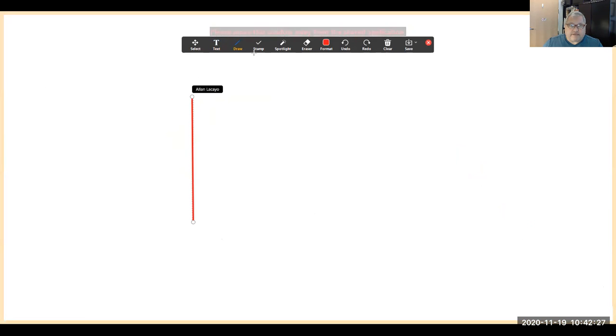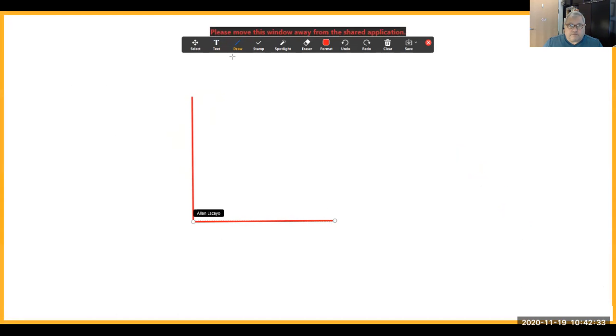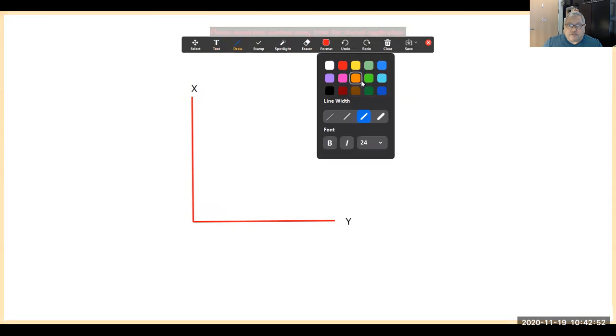So here we have X, here we have Y, two goods being consumed. The green line is what we call the budget constraint.